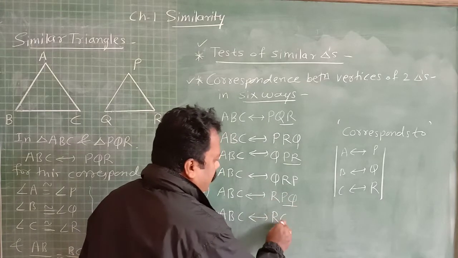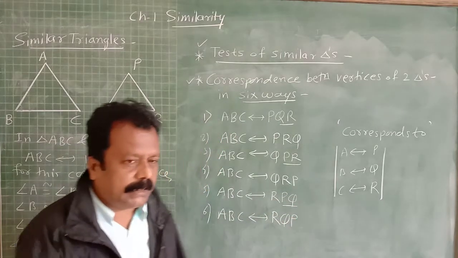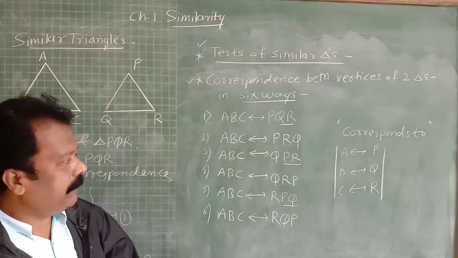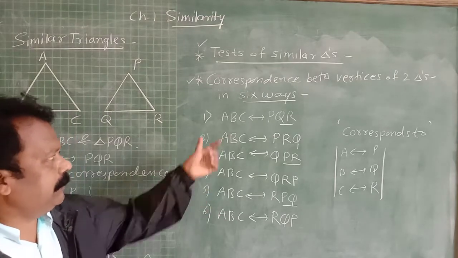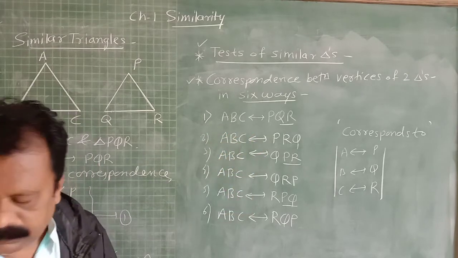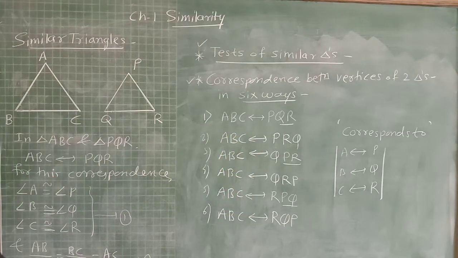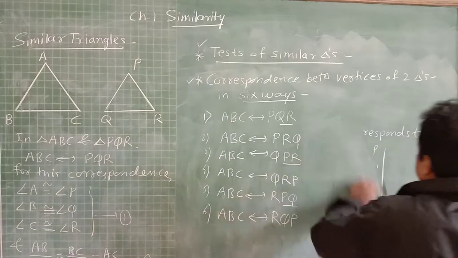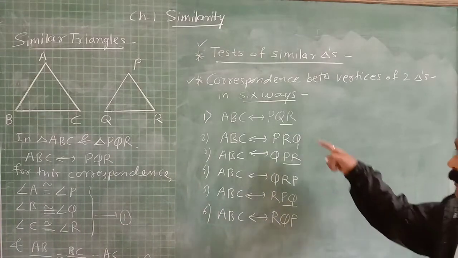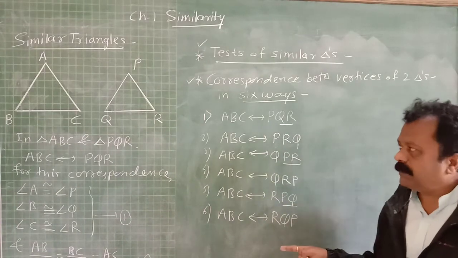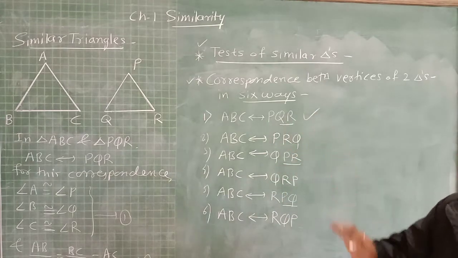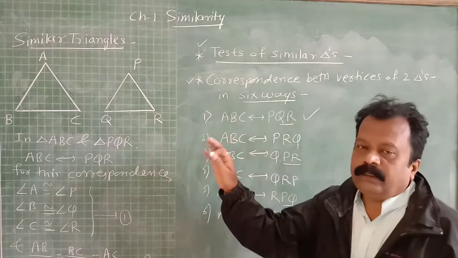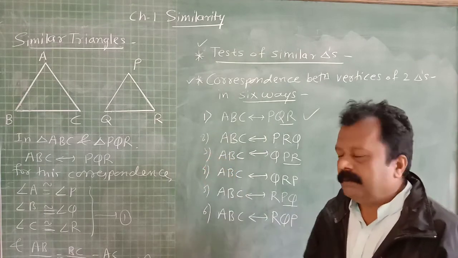After interchanging it will become QP. Means like this, in 6 ways we can write the correspondence between vertices of two triangles. Out of that, we have to take one. Now try to understand this writing. So this is about correspondence between vertices of triangles in 6 ways. Out of that, any one we can take to explain whether two triangles are similar or not.